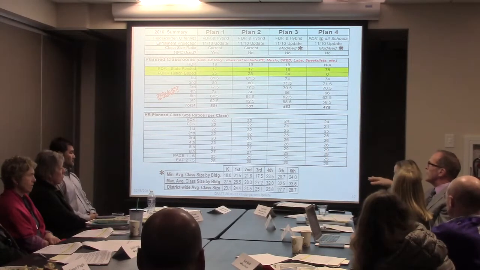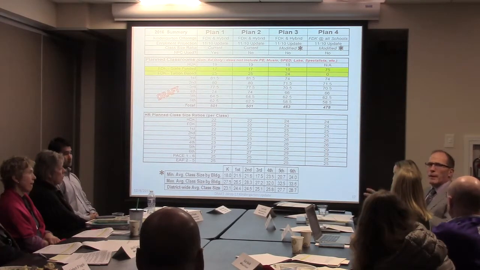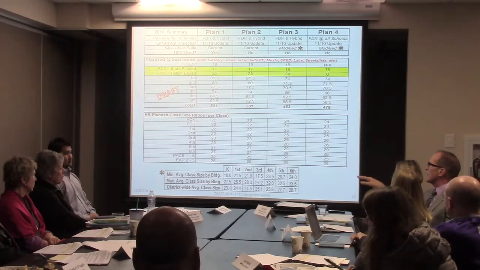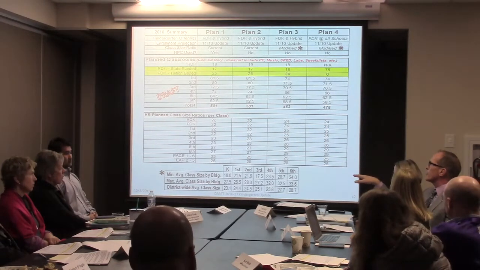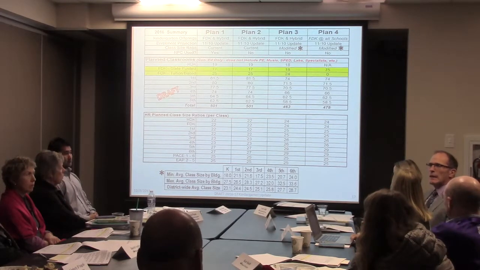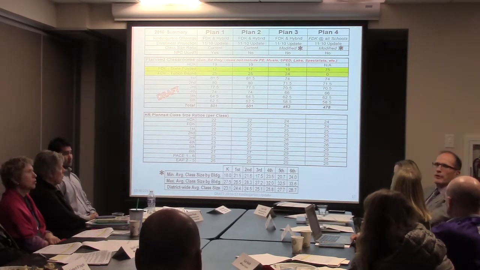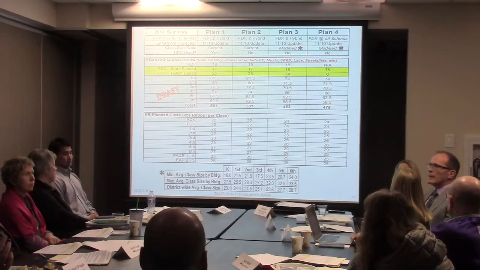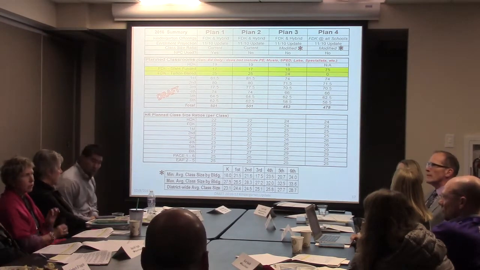The issue is that it sucks all the capacity out of the system, certainly. But at most of the large schools, the class sizes are going to be closer to the district-wide average you see on the bottom, because they have enough classes per grade level to spread those students across. If you have seven and you go to six, you can manage that.